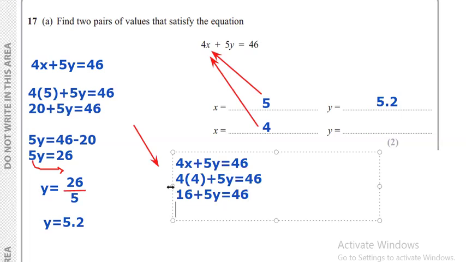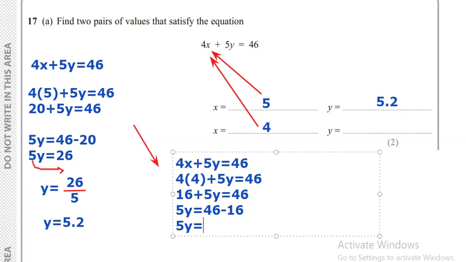Now I'm going to take the 16 to the other side by subtraction. So 5y will equal what? 46 minus 16. Because it was addition, I made it subtraction. Now, 5y will equal 46 minus 16, and the answer is 30.